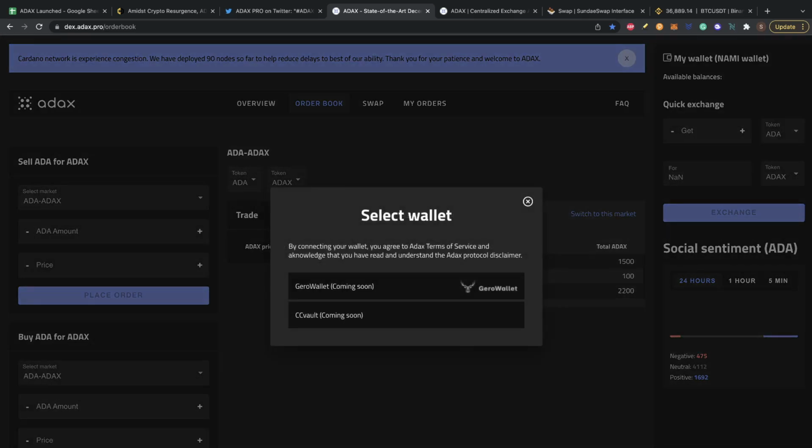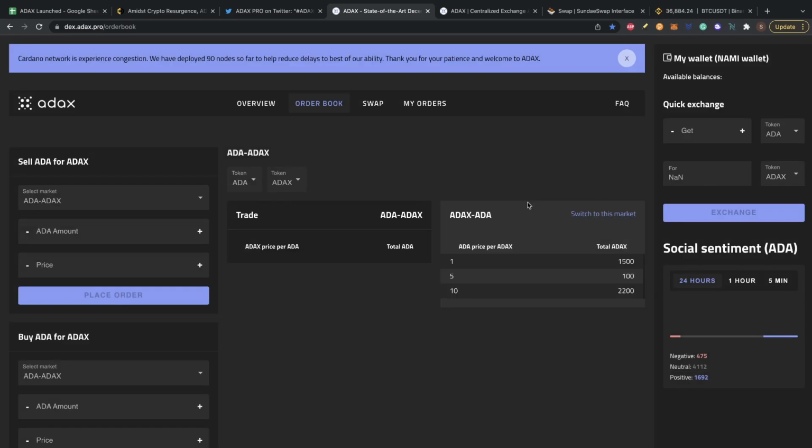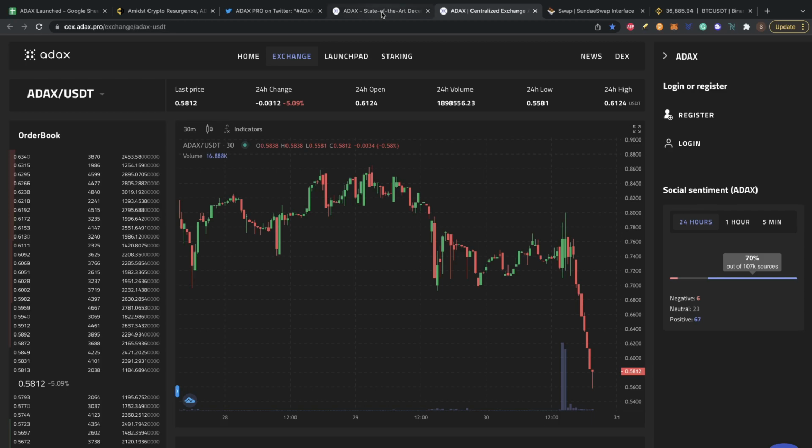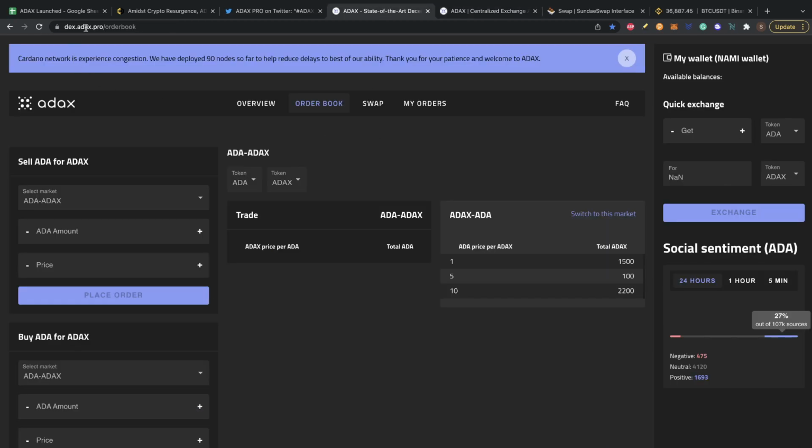If I go to select wallet, I get the message that these two wallets are not available right now. So they will be added in the future, but right now you cannot connect there. I would like a connect wallet button like many others have. You can see that in SundaeSwap, and then I can connect. A pop-up instantly when I go to the DEX is super aggressive. So that will be something to change.